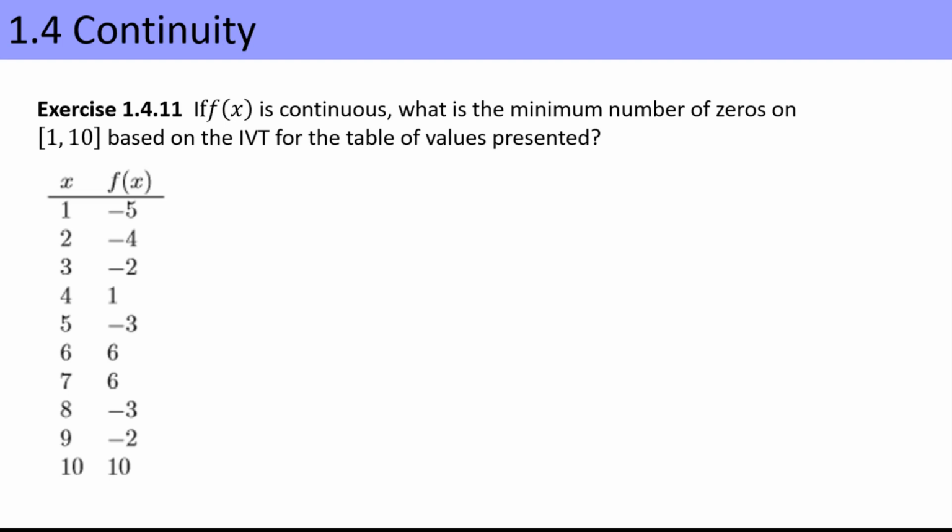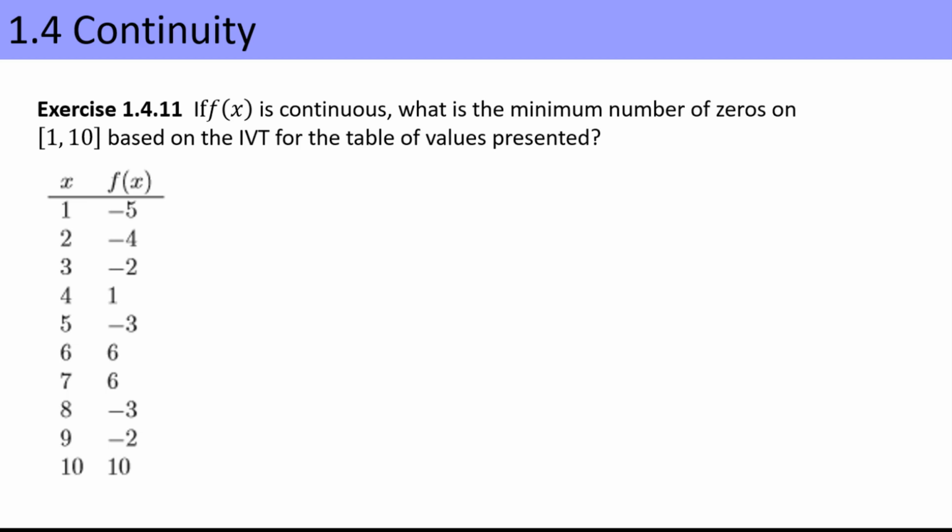Example 1.4.11. If f of x is continuous, what is the minimum number of zeros on the closed interval from 1 to 10 based on the intermediate value theorem for the table of values presented? The answer is equivalent to the number of sign changes between successive x values.